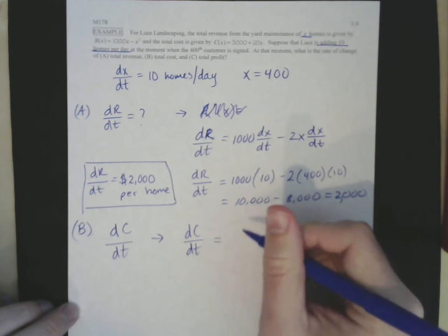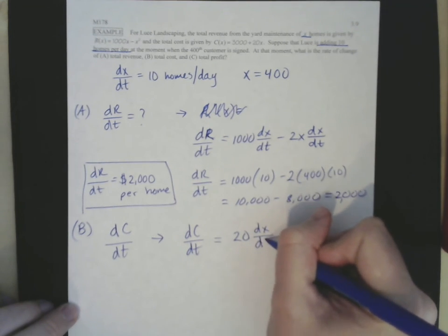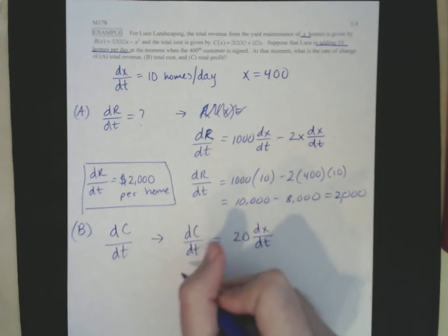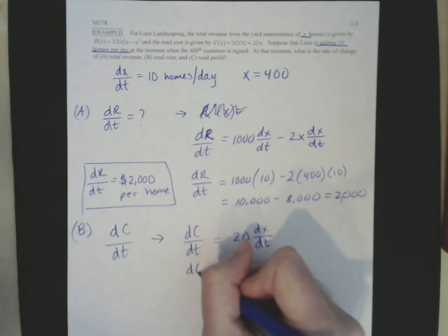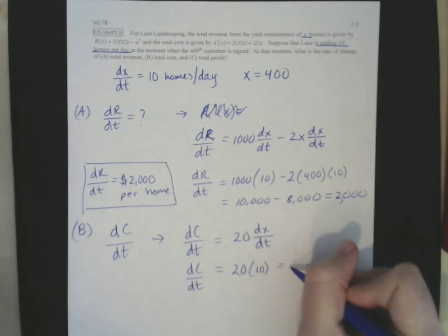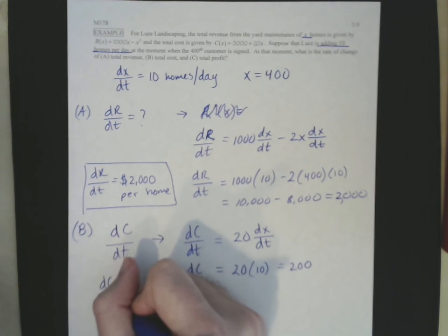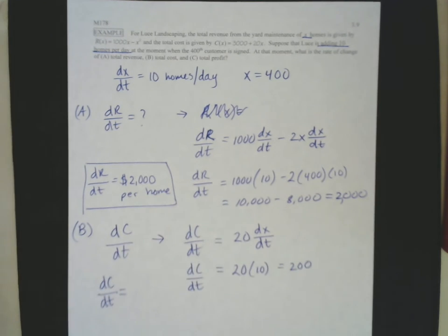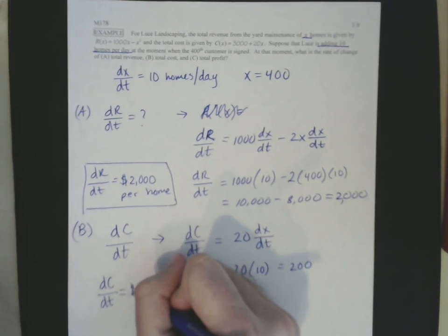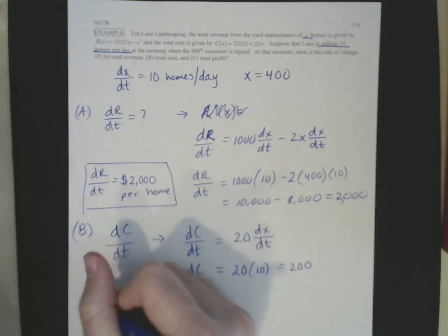So derivative of 3000 is 0, and this will be 20 dx dt. And so we plug in what we know. dc dt equals 20 times 10, which is 200. So dc dt is cost, so this is in dollars. So this would be $200 per home.